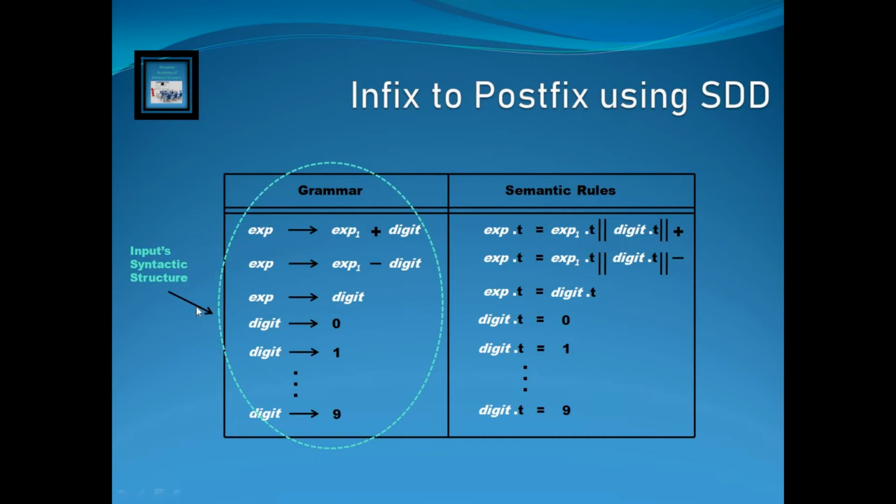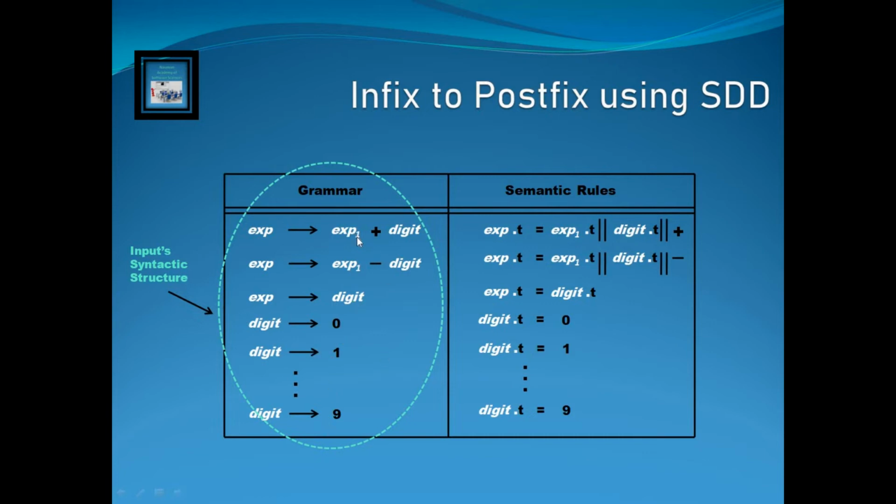So the syntactic structure of input is given here. It's just the grammar we already learned: expression can have the form of expression plus digit, or expression minus digit, or expression can have the form of digit, where digit can have the form of 0 to 9.